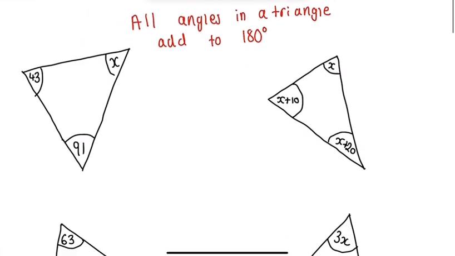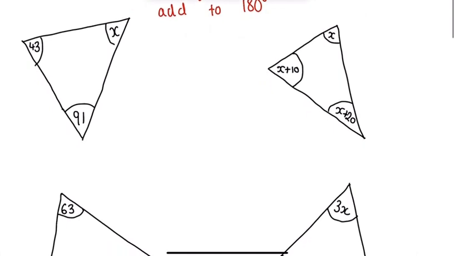First of all, we're going to have a look at applying this rule in a scalene triangle, where all the angles are different. We've got here a missing angle, but we have an angle of 43 and 91. So to find the missing angle, we are going to add 91 and 43 together to see what the total angles we have so far is.